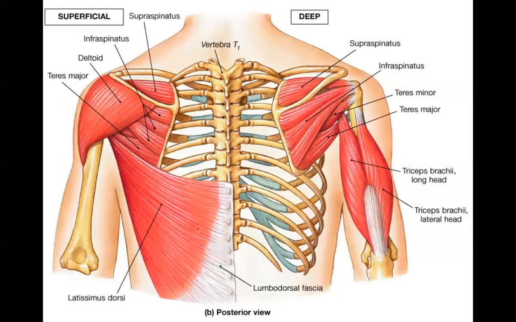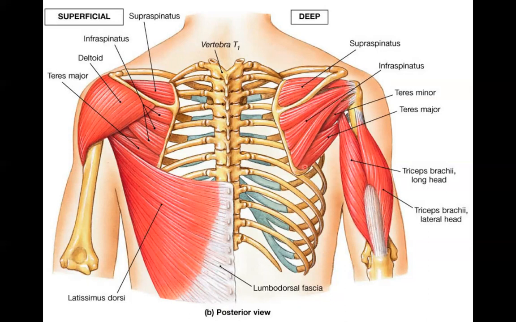We have latissimus dorsi here, attached at the spinous processes of the lower vertebrae and at the lumbodorsal fascia and the lower ribs.